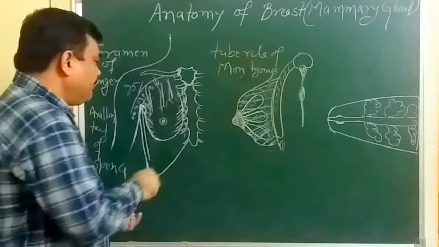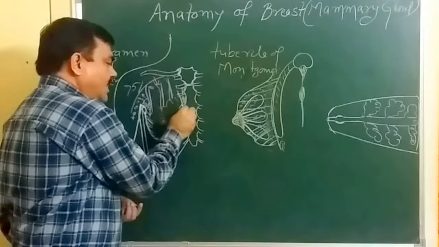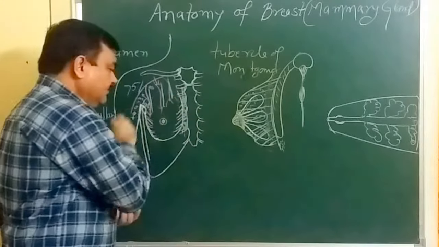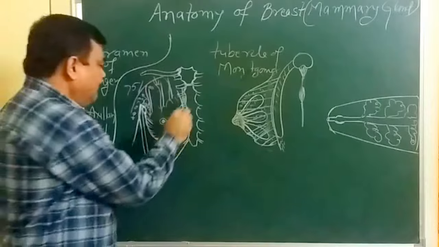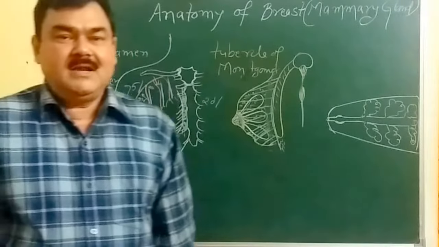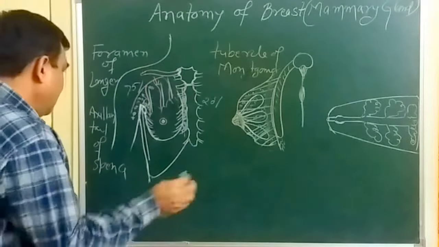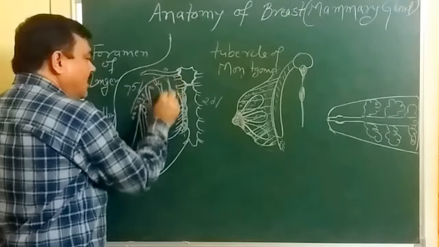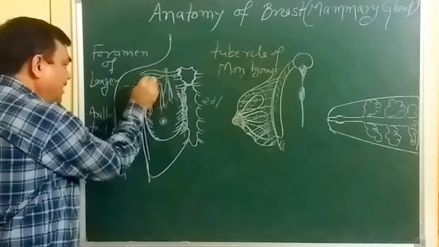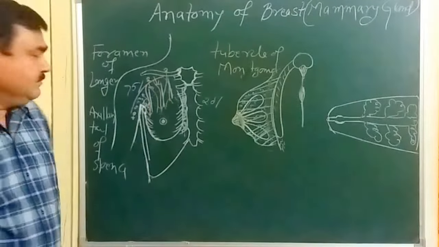About 20% go into the parasternal lymph nodes, which lie along the internal thoracic vessels. Here is the parasternal lymph node. The remaining 5% go to different places like the supraclavicular lymph node and the deltopectoral lymph node.